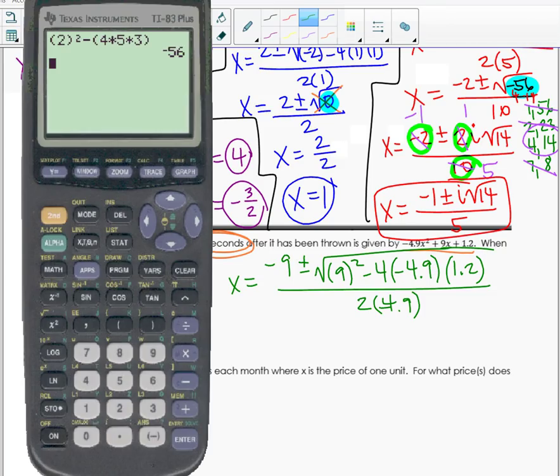So we have 9 squared minus 4 times negative 4.9 times 1.2, and we get 104.52.